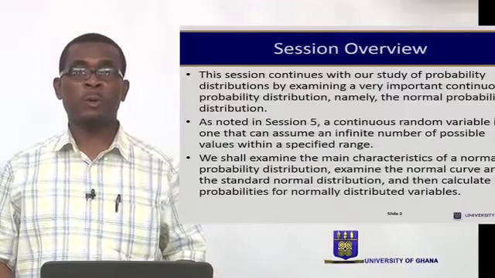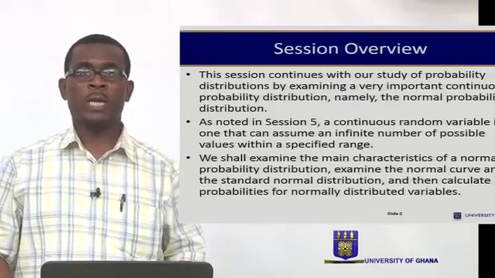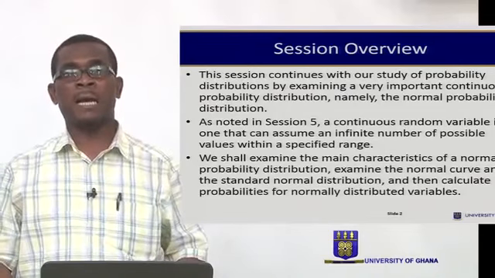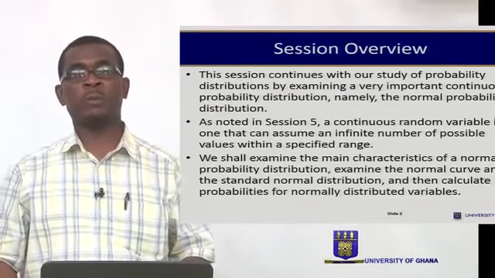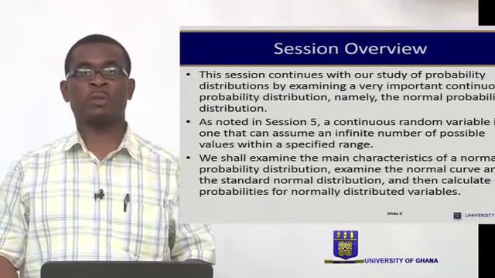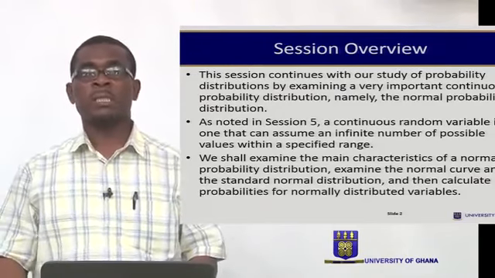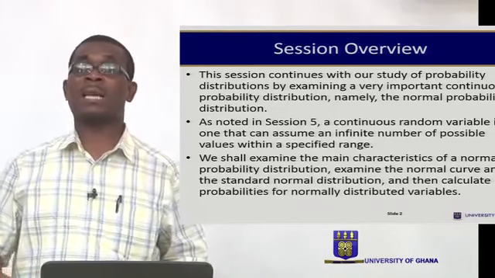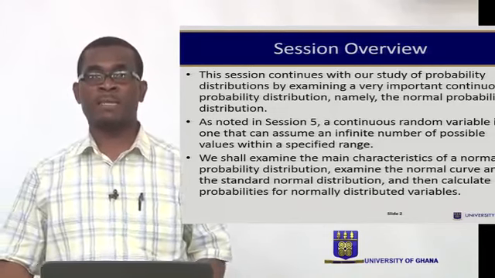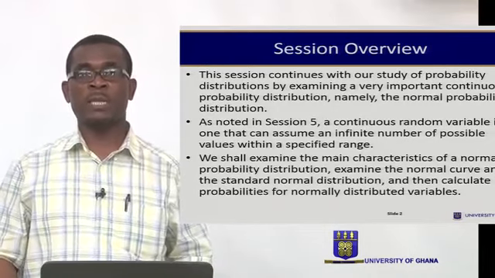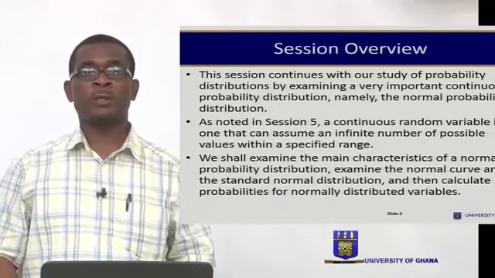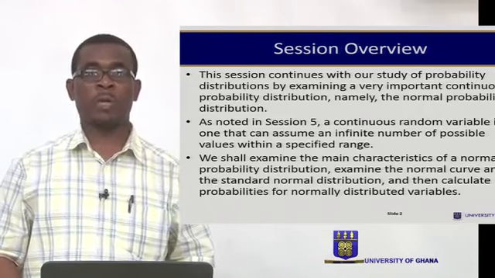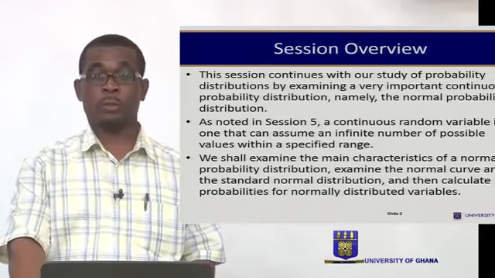As you know, we discussed earlier probability distribution, but those were discrete distributions. The continuous random variable, as we indicated, is one that can assume an infinite number of possible values within a specified range. So, as I indicated, we will look at the normal distribution.